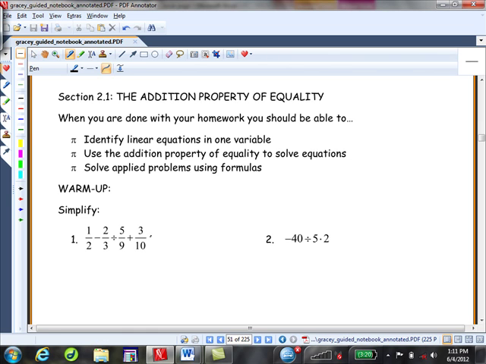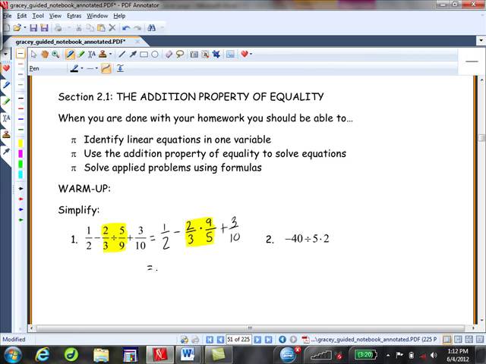This is going to be 1/2 minus 2/3. And remember, we can flip that divisor and change it to multiplication. And the plus 3/10 will go along for the ride. So this statement here is equivalent to this here.